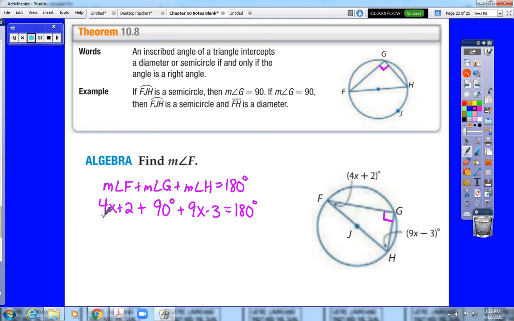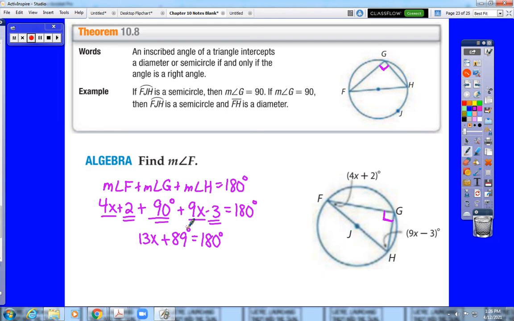We start by combining like terms. 4x plus 9x is 13x. 2 plus 90 minus 3 is 89. And now it's a two-step equation.